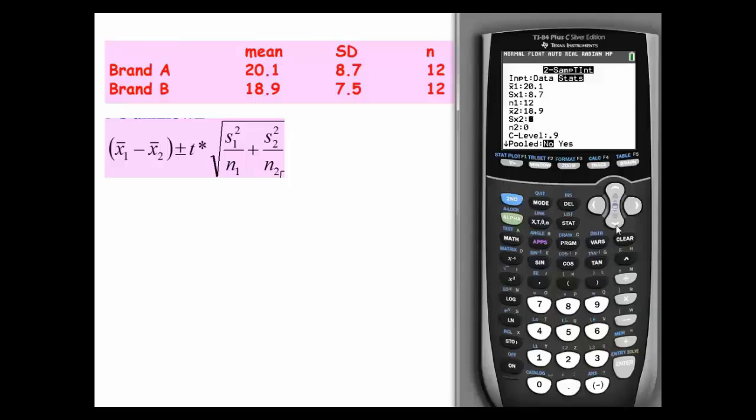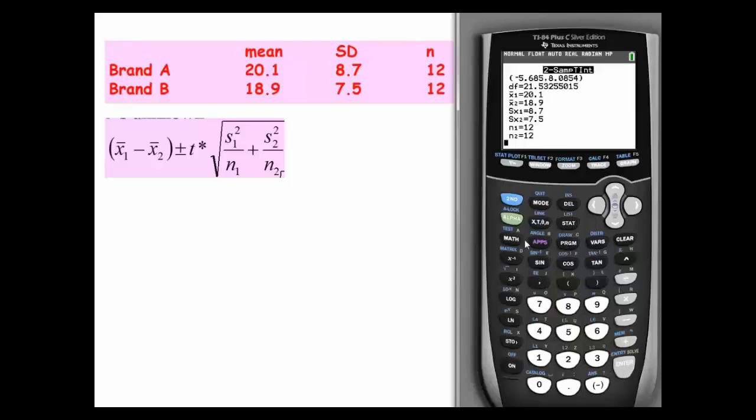The second standard deviation is 7.5, and then that sample size is 12. We're doing a 95% confidence level, so we want to switch that to 0.95 in case it's not. And if you remember, earlier I talked about we're just going to say no to pooling, and then we'll go ahead and calculate that.